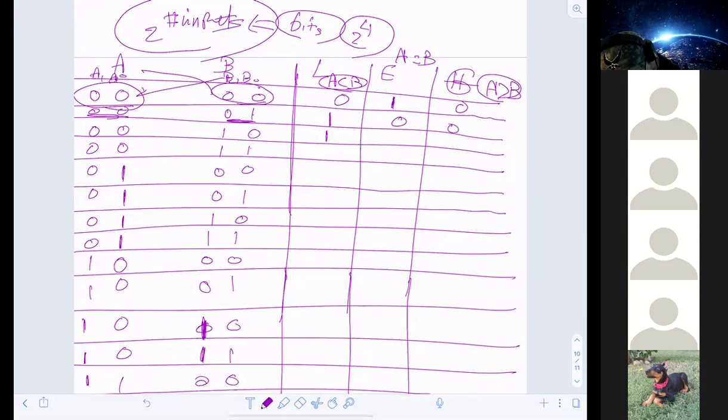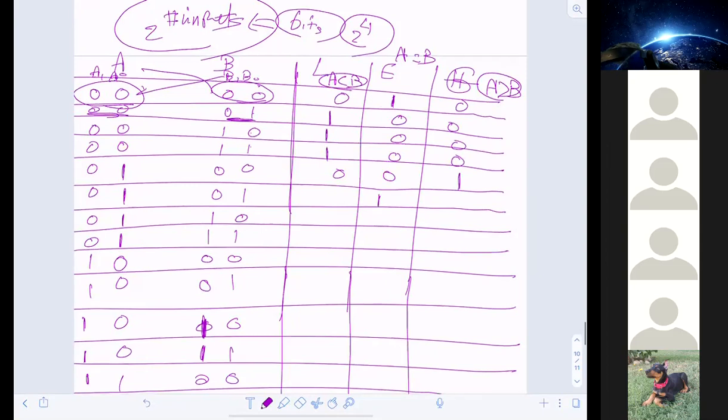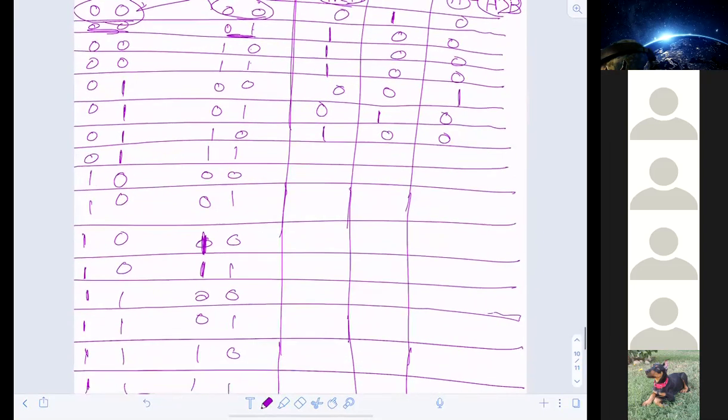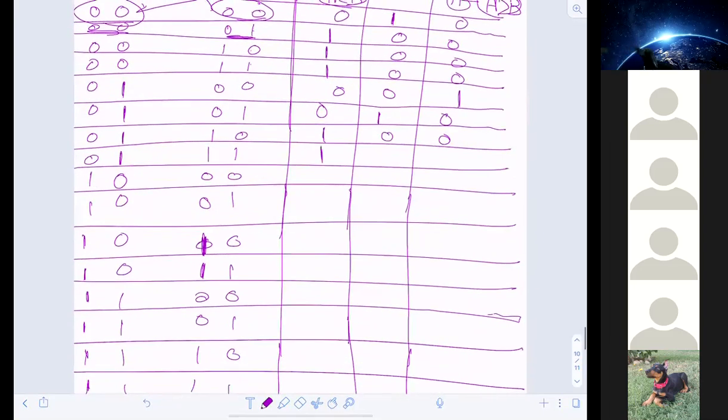0 and 2, A is less than B. 0 and 3, A is less than B, right? Now, 1 and 0, A is greater than B. Then 1 and 1, they are equivalent. 1 and 2, less. 1 and 3, less.